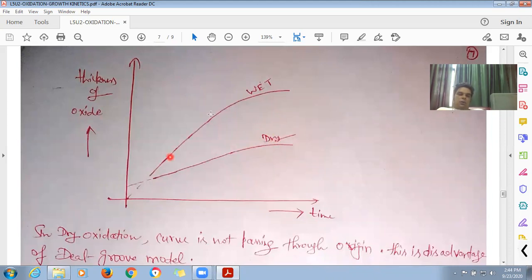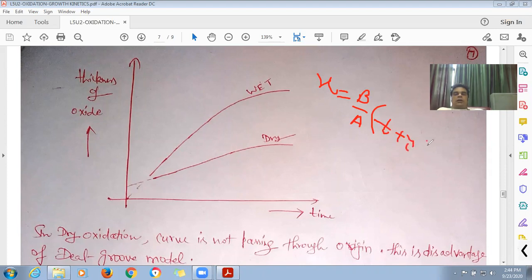So here, in both the curves, you can see that initially, for a very small amount of time, both the curves start linearly. As per the formula that we derived previously, for a small amount of time, the thickness of the oxide layer is equal to B/A (t + tau), linearly.